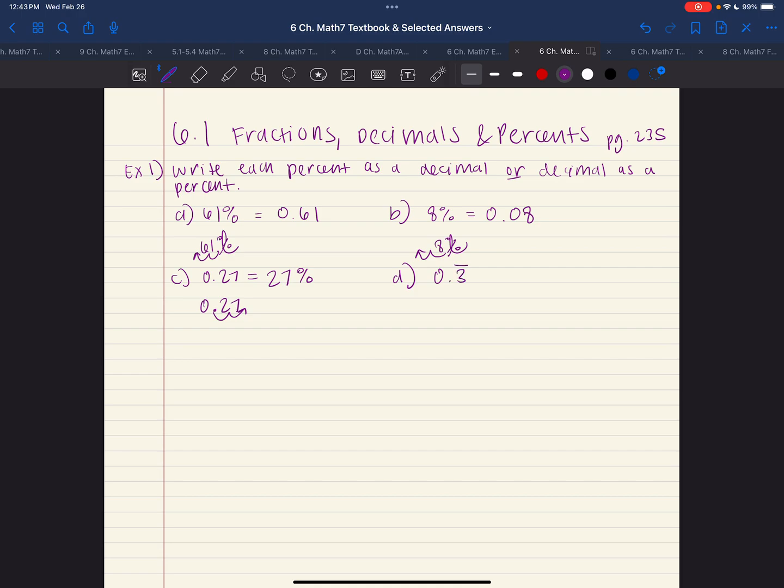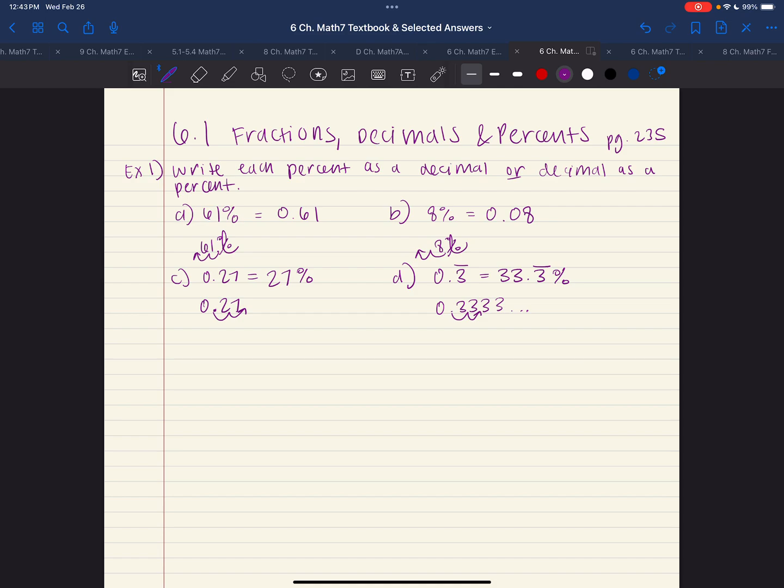So if you think about what that really means, that means 0.3333, and that goes on forever. So if I were to multiply this by 100, I move the decimal twice to the right, and I get 33.3 repeating percent. So that 3 after the decimal is going to keep repeating itself.